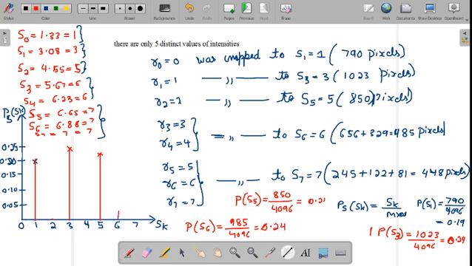Next is 7. So that would be the probability of S7. It is the number of pixels divided by 4096.